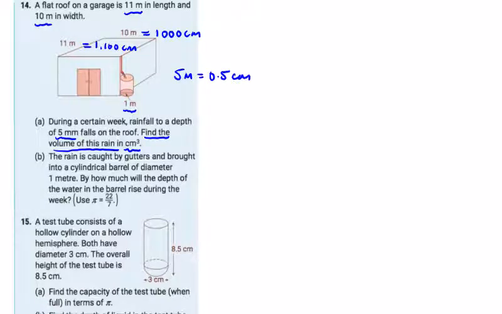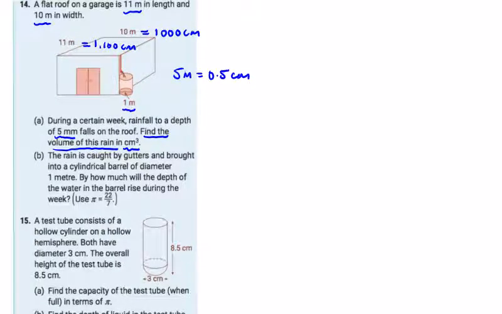So just be careful when you're multiplying these out that you get the correct units here. So what have we got going on here? We have 1,000 by 1,100 by 0.5, or 1/2, and that's going to give us 550,000 centimeters cubed of rainfall over the week.